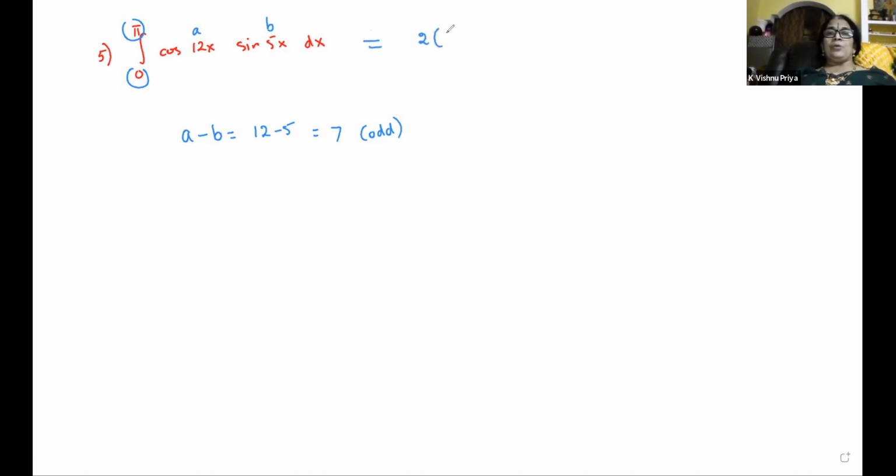2 into A, 12, by, what is A square? 12 square. Minus B square is 5 square. So what will you have as the answer? 24 by 144 minus 25.